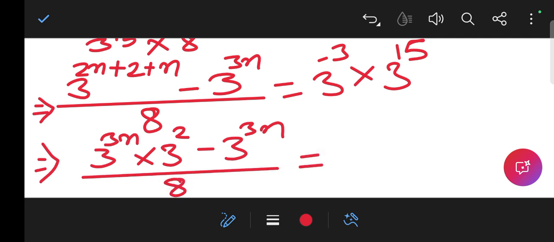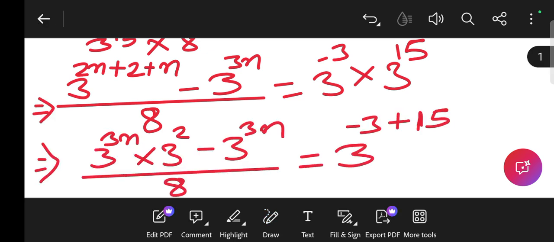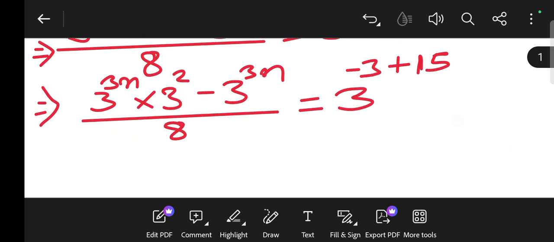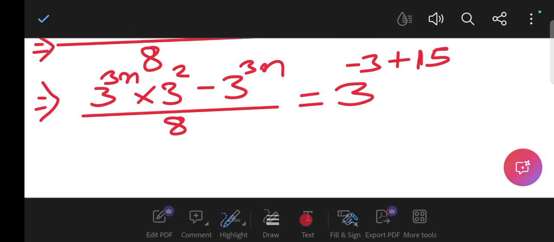We can further add the powers, that is 3 raised to the power minus 3 plus 15. I'm showing all the steps so that the students do not get confused about how I brought the results directly.